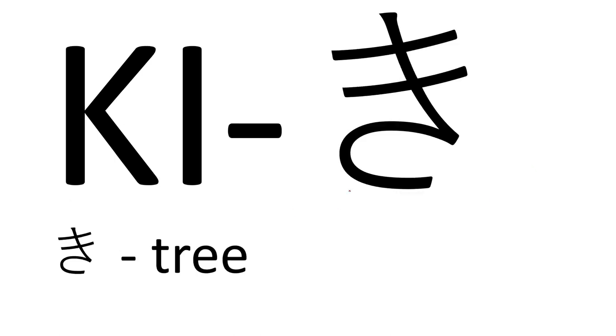The next one is Ki. First stroke, second stroke, third stroke, and the fourth stroke. So a word with it is ki, which means tree.